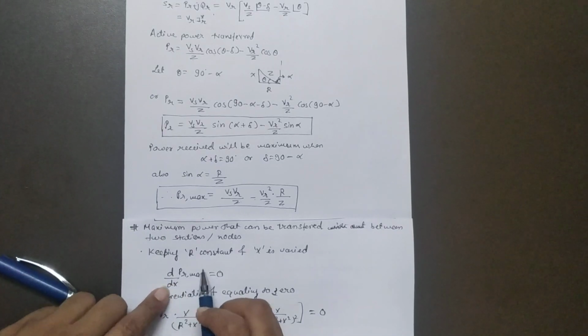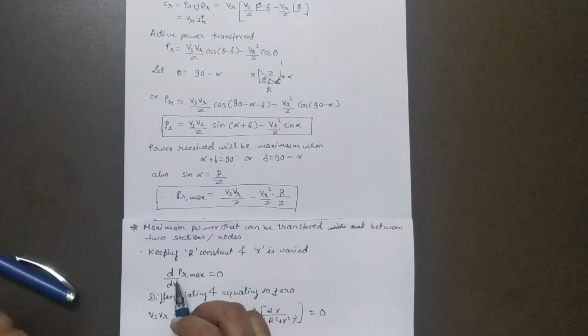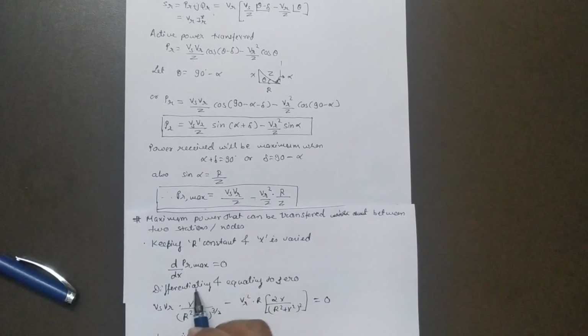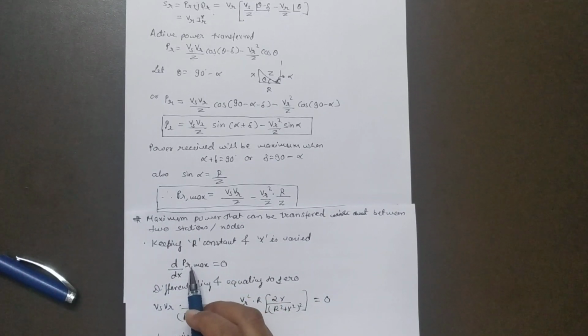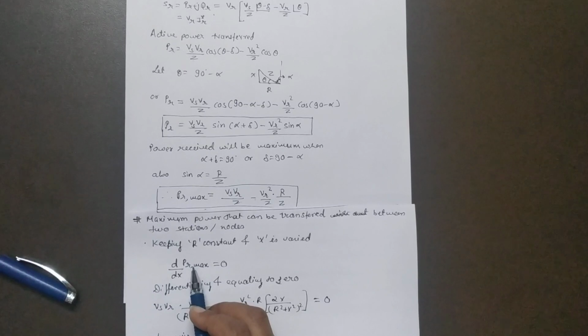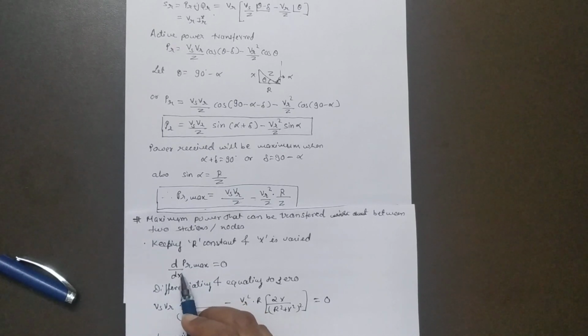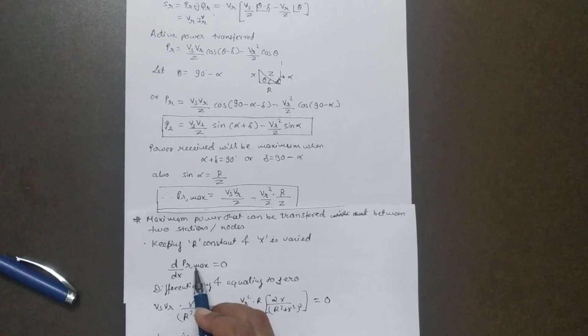From studying mathematics, we know that for any value to be maximum, we have to differentiate that particular value with respect to the quantity which affects it, or which increases or decreases it.